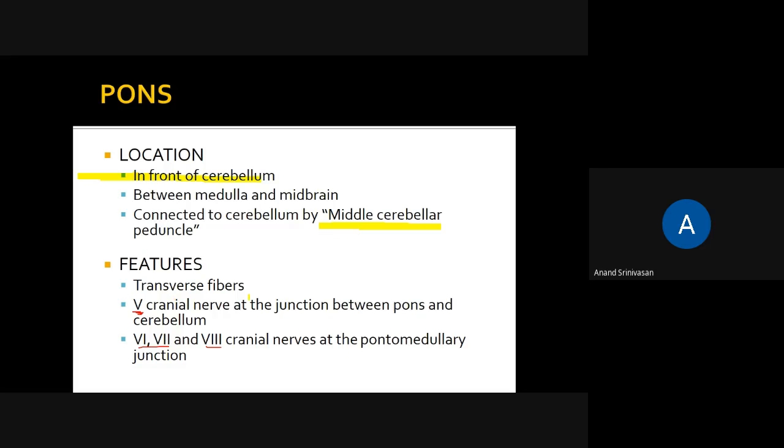It has many transverse fibers. The sixth, seventh, and eighth cranial nerves are at the pontomedullary junction. The fifth cranial nerve, the trigeminal nerve, is located between the pons and the cerebellum.